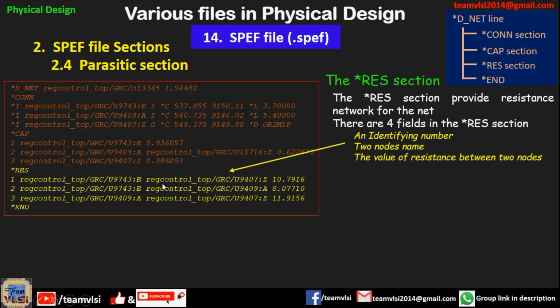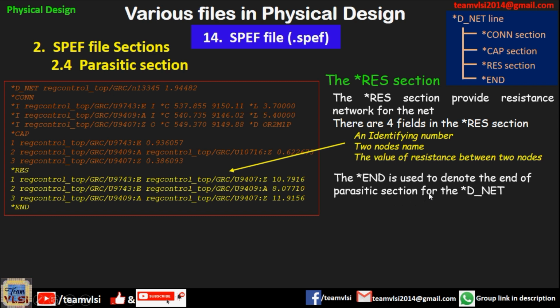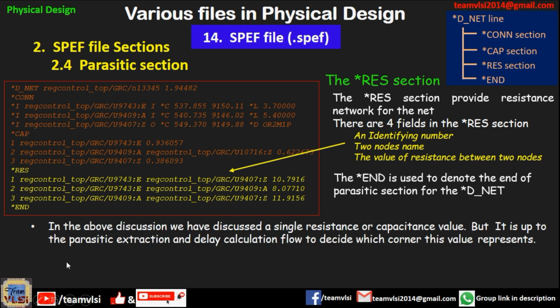So there are 2 nodes. Necessarily there are 2 nodes between which the resistance is connected. So the first node is here, second node is here, and between them this value of resistance is connected. The *END is used to denote the end of the parasitic section for the D_NET section.